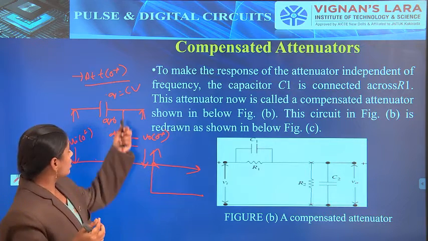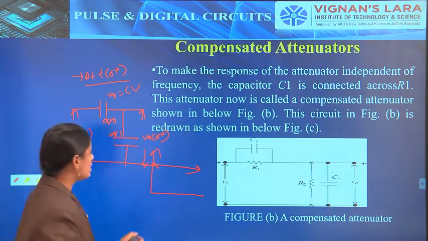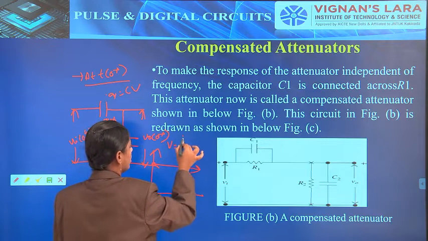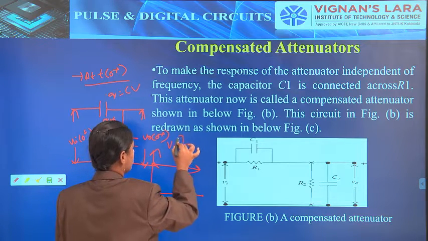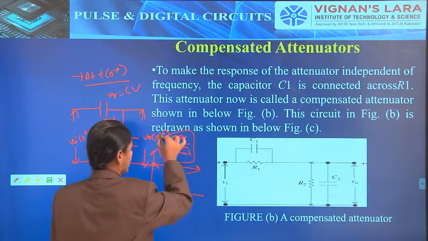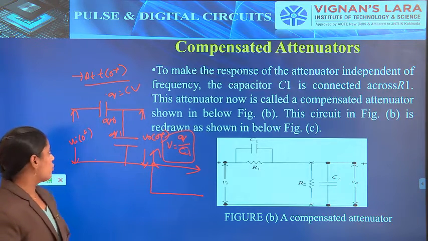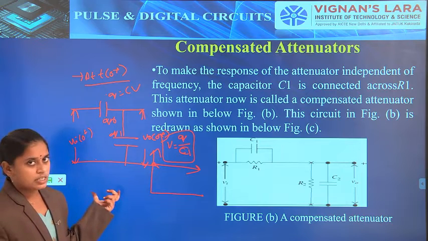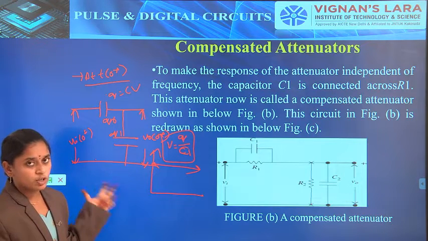From this we know that V is equal to Q by C. Finally the output is in terms of voltage only, that's why we have to consider the voltage output, that is V0 of t.